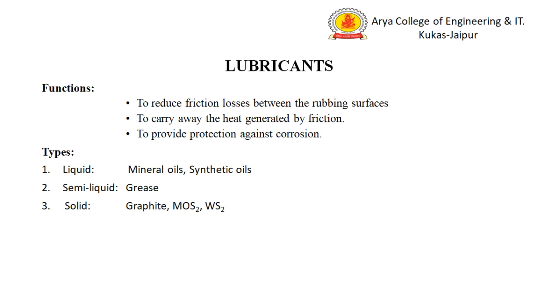The main purpose of the lubricant in a journal bearing is to reduce the friction, losses and wear between the journal and the bearing surface. It also carries away the heat generated by the friction. All lubricants can be grouped into three types: liquid, semi-liquid and solid.